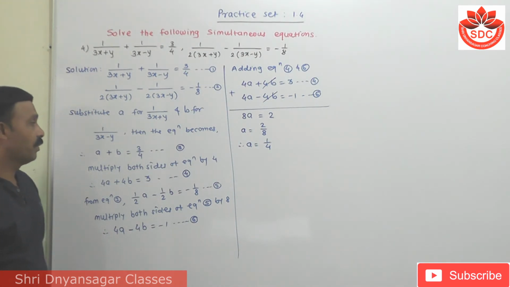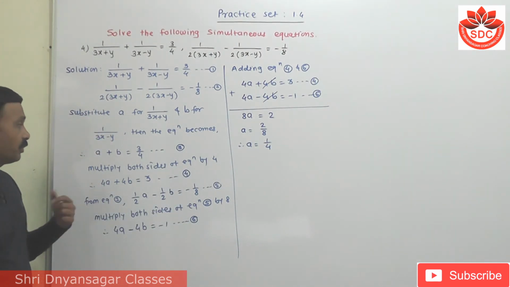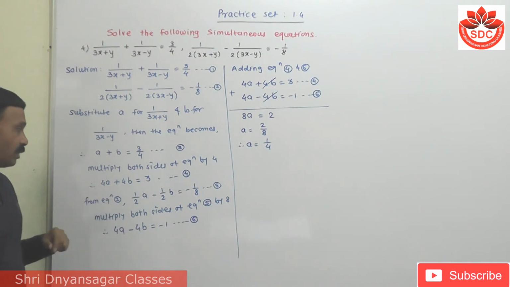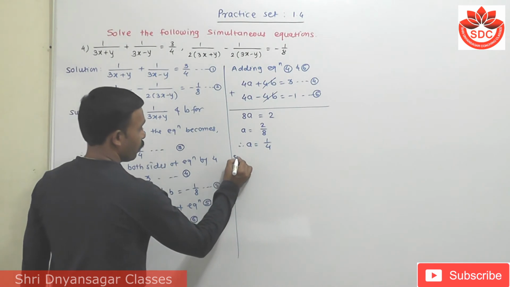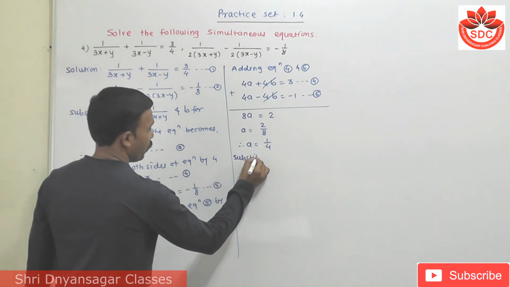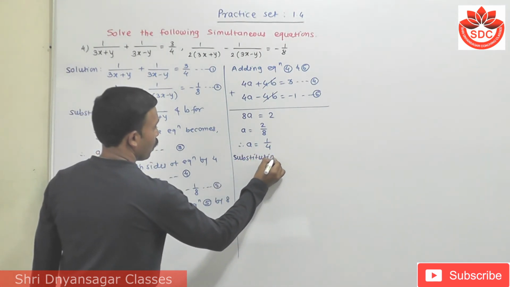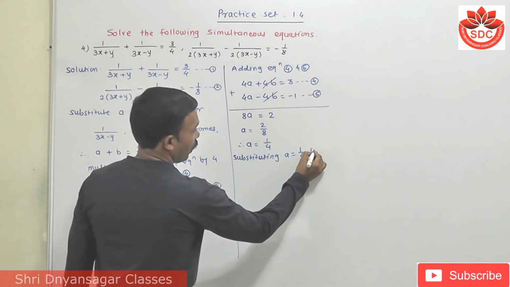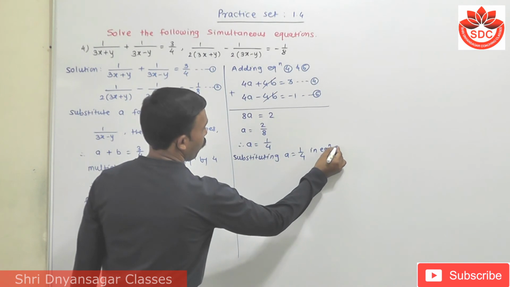Now, by using this value, we can find out the value of b. We substitute this value into equation 4, 5 or 6. I have taken equation number 4. Substituting a is equal to 1 upon 4 in equation 4.